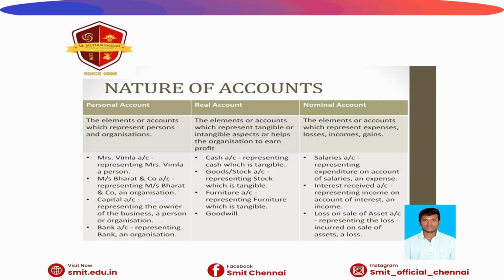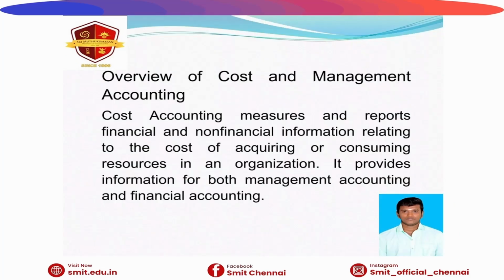Under that, I have given some examples also. Real account. The elements are accounts which represent tangible or intangible assets or help the organization to earn profit. And last, nominal account. The elements are accounts which represent expenses, losses, incomes, gains. Under that also I have given some examples.